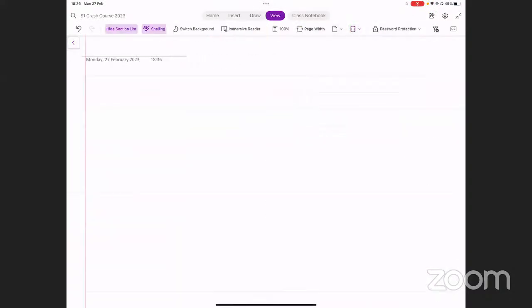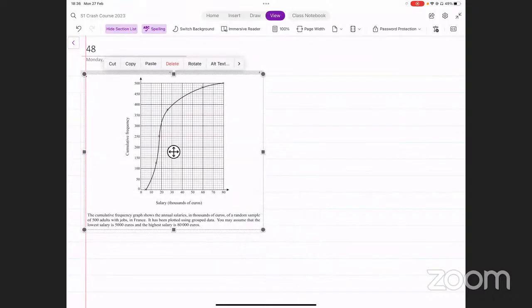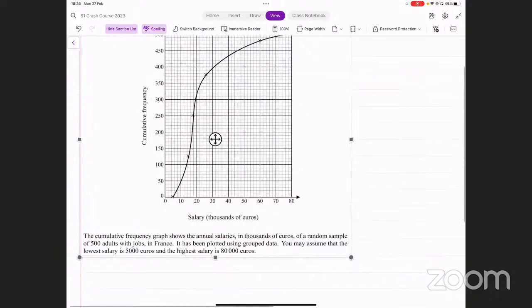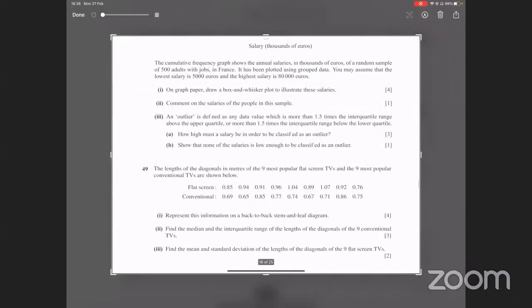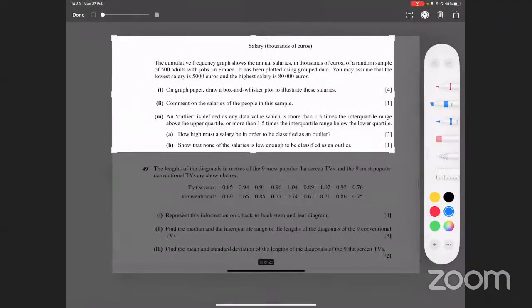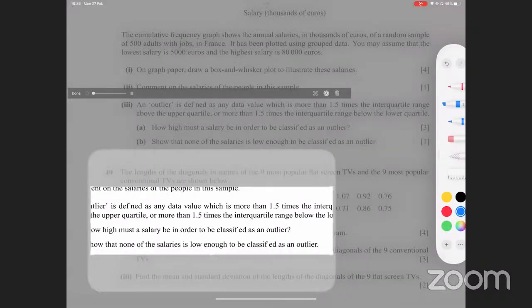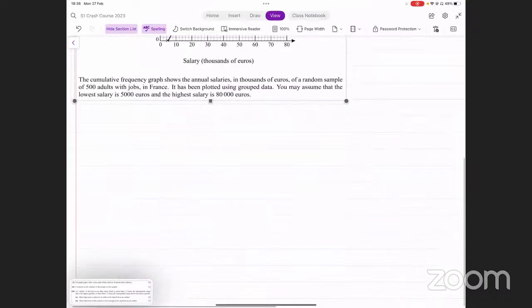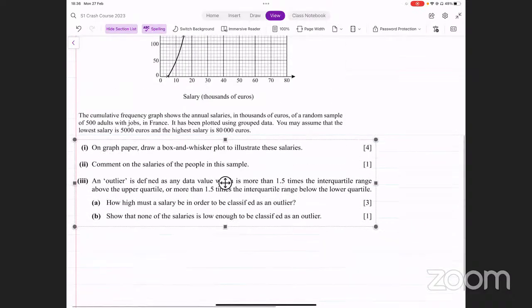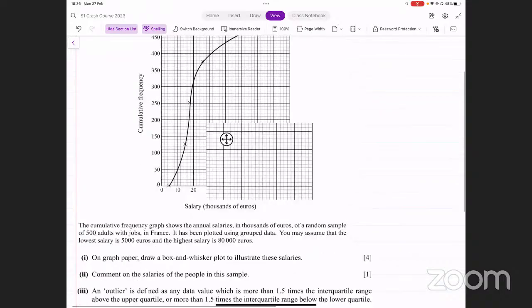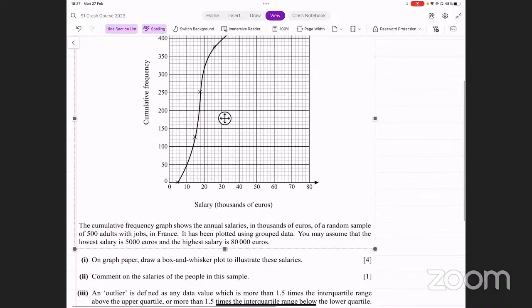This is question number 48 from the worksheet. Let's quickly have a look at this.